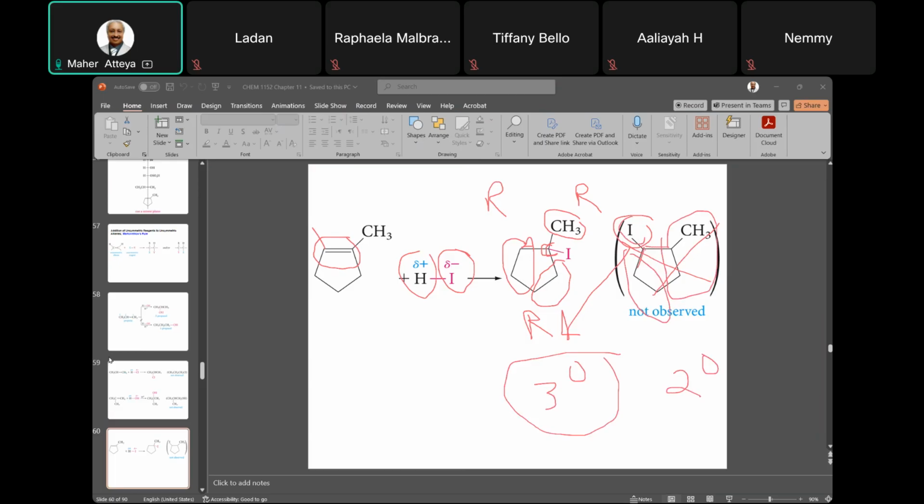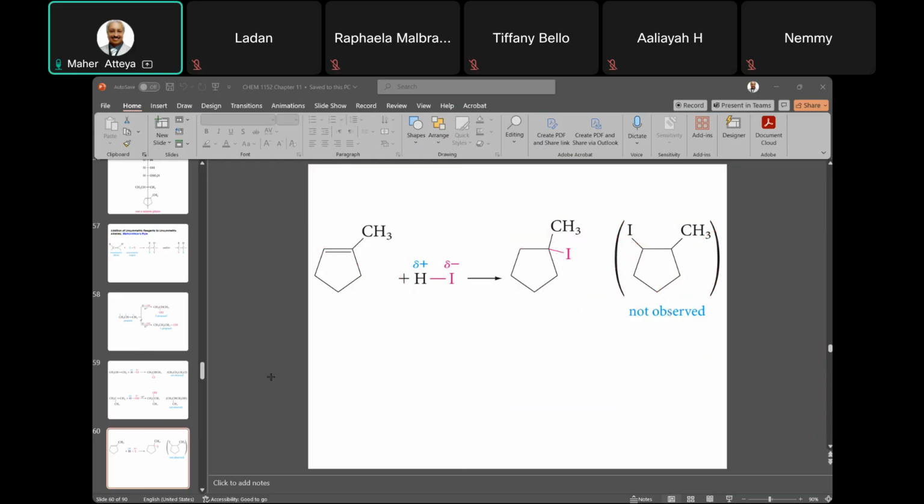So again, I don't want you to memorize the mechanism, but at least you know why this position is preferred. This position is preferred because a tertiary carbocation is more stable than secondary, more stable than primary.